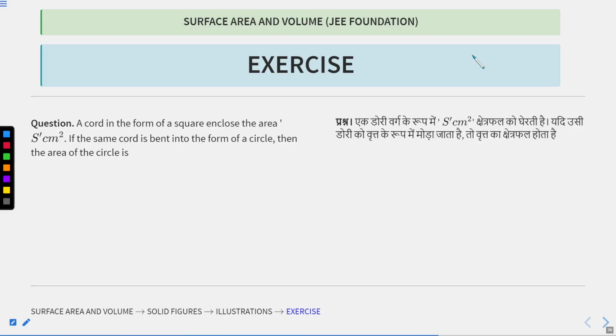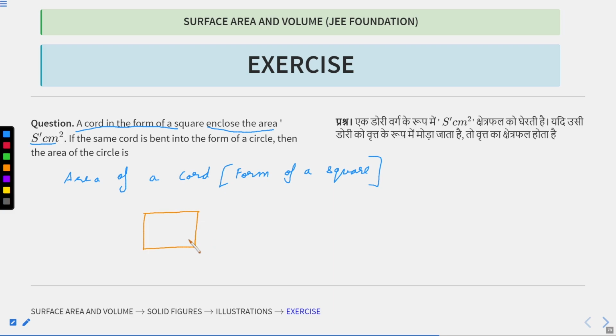Our first question says, if a chord in the form of a square encloses the area S. So here is my chord, in the form of a square with side equal to x.